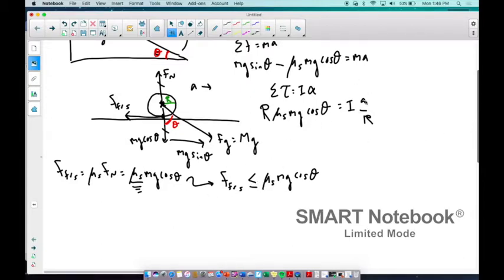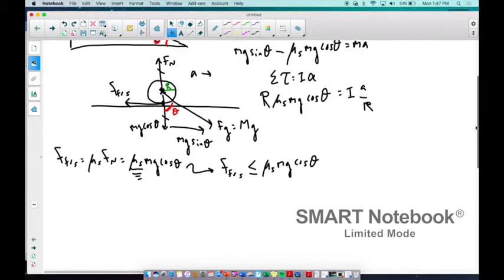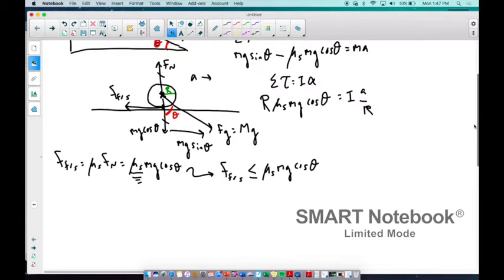So let's see, what do these two equations have in common that I can maybe put in terms of each other? Well, it looks like I could rearrange for acceleration and plug that in here, couldn't I? So let me do that. Divide both sides by m to get acceleration and plug it in for this acceleration here.